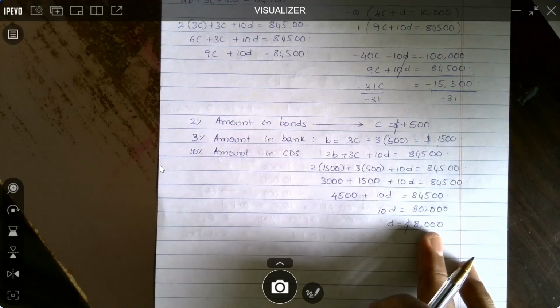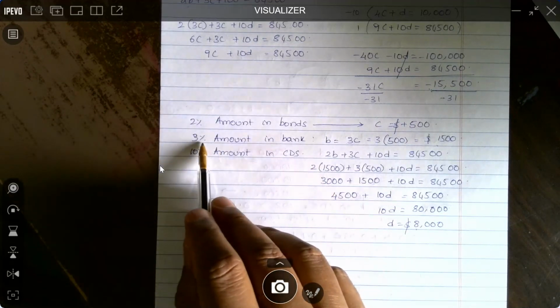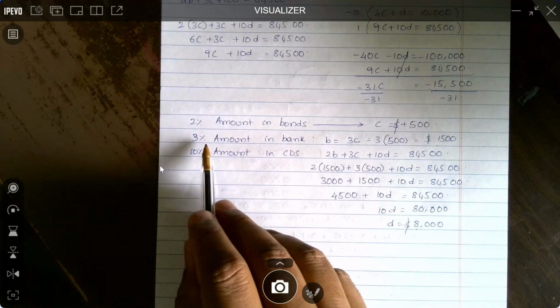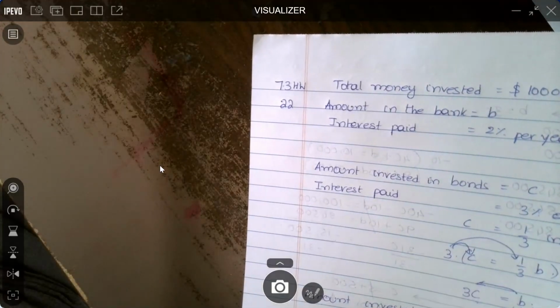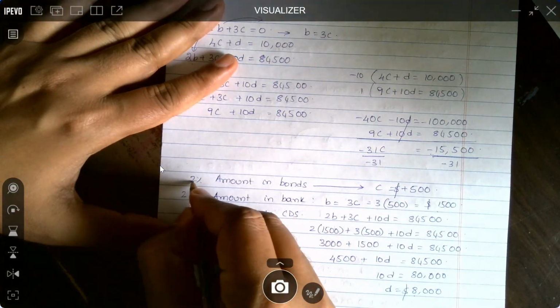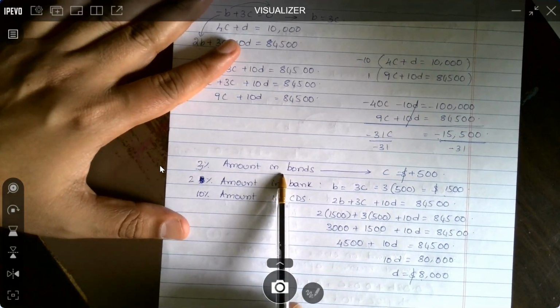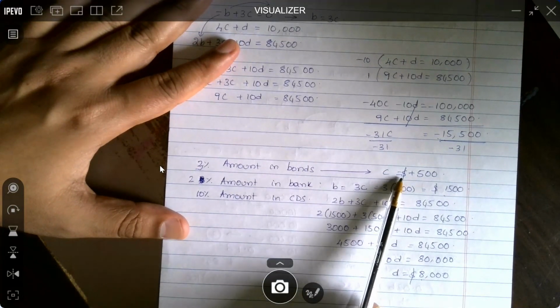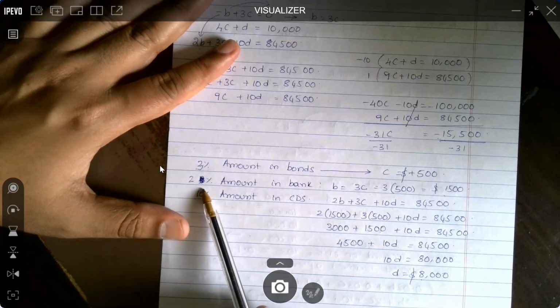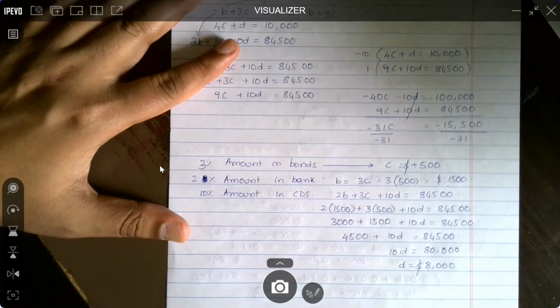And then strangely, the next higher interest is given by the bonds, and the banks are paying only 2%. So strangely though, even though bonds are making 3%, I'm only investing 500 in this. Banks are giving me only 2%, but however I'm investing 1500 in this. That's the whole problem.